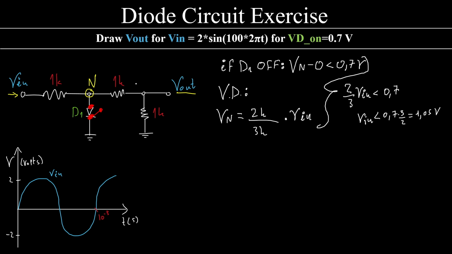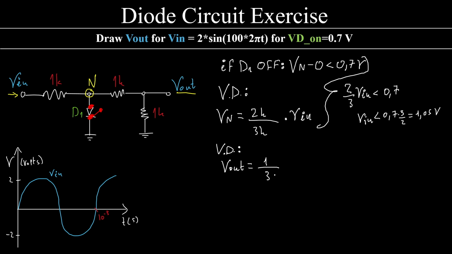Alright, now how much is V out? Again, following the same logic, we have a voltage divider. V out is going to be equal to the total resistance seen between V out and the ground, which is 1, over the total resistance seen between the input and the ground, which is 1, 2, 3.